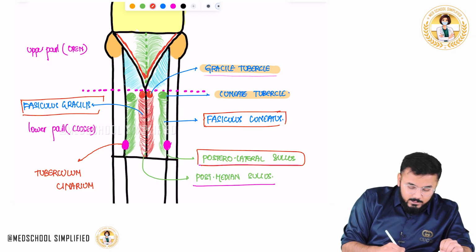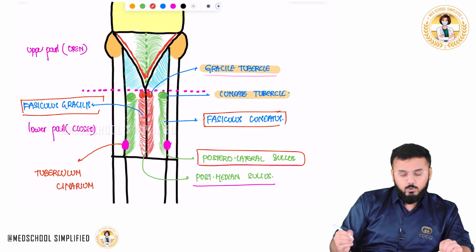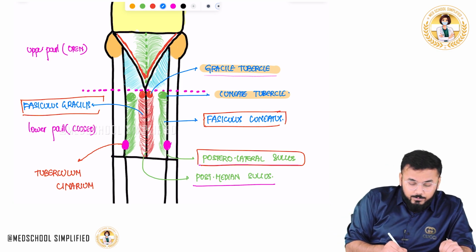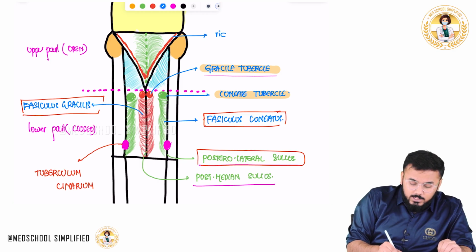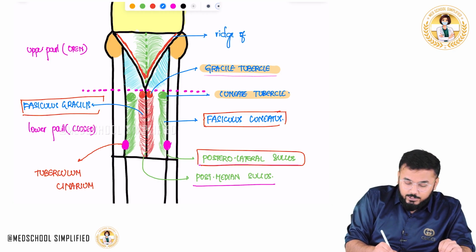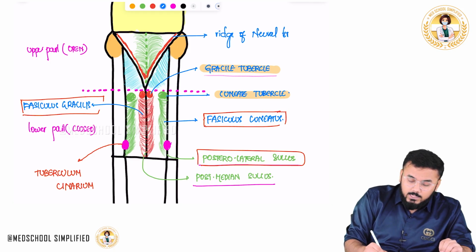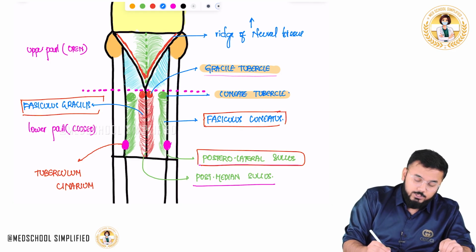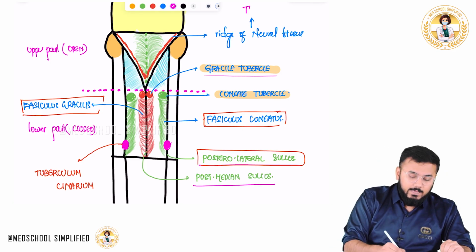Let me write this down. So this ridge of neural tissue is what is called as tinea.